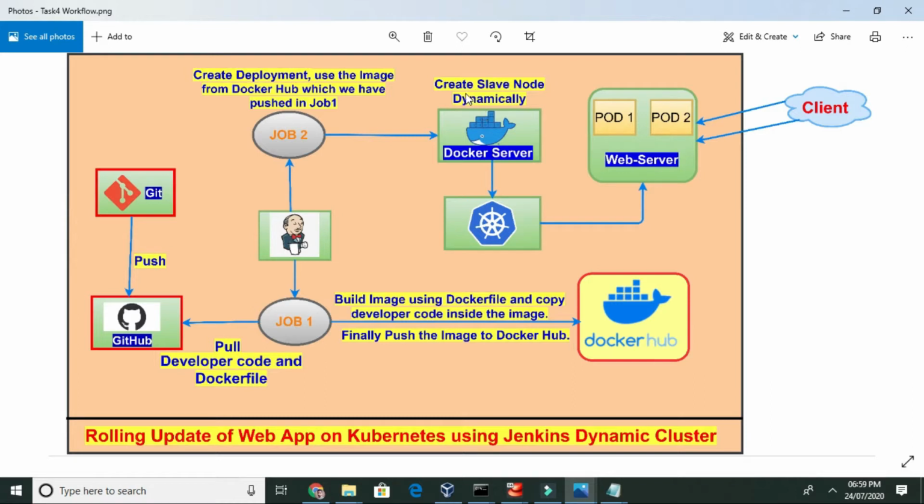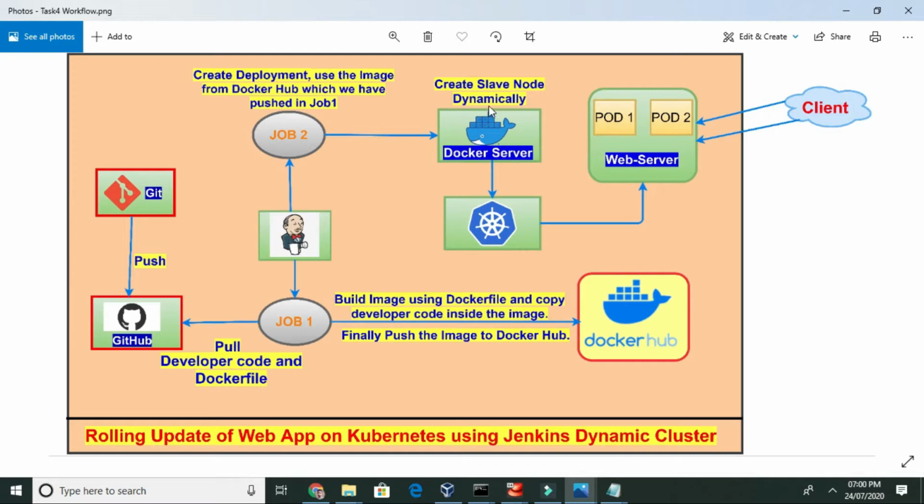After contacting the cluster it deploys all the pods, and when deployed, the client can access the web server. I have also exposed the pods, that's why the client can access the web server.